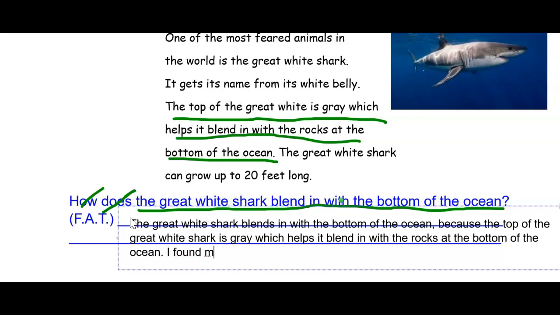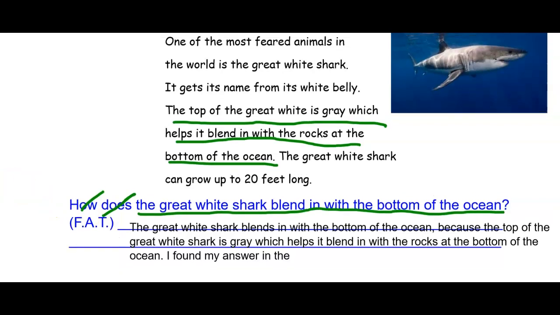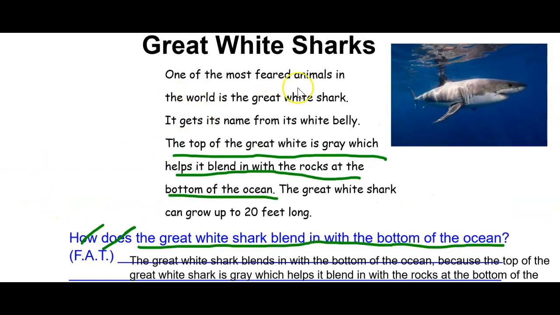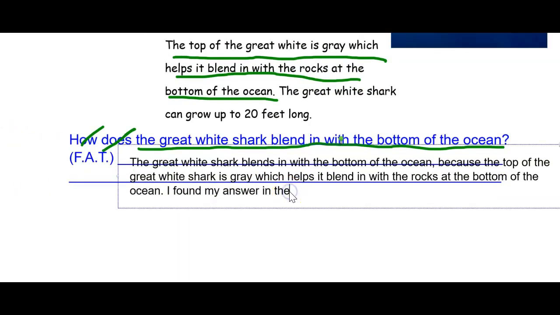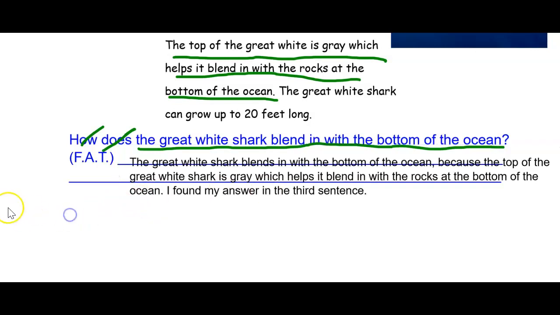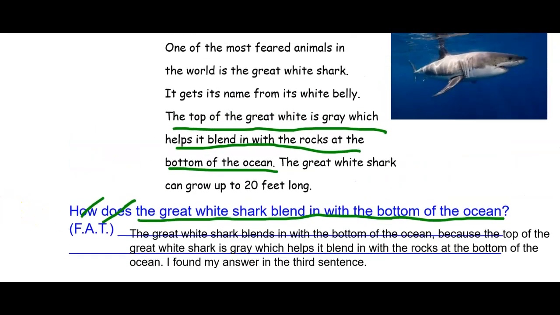I found my answer in the, and let me count my sentences here, boys and girls. One sentence to the third sentence. Boys and girls, I've answered my question and proven where I found the answer.